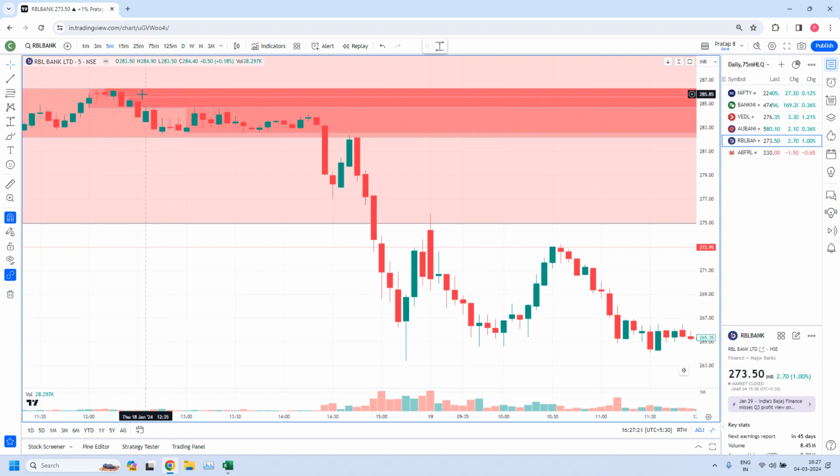We have two zones. You can combine both these zones and you can plan the trade. At 15 minutes level you can plan, or at 5 minutes level take an entry here, and above the digital line you can plan your stop loss, both together.